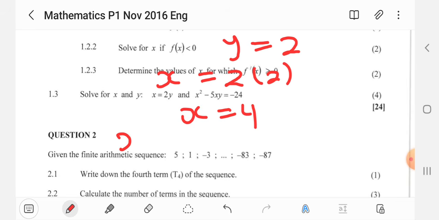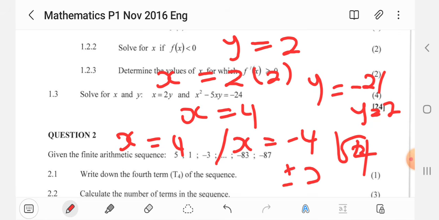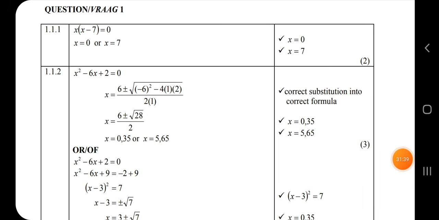So x equals 4, or x equals negative 4, just like y equals negative 2 or y equals 2, because of what? The square root of 4. So the 2 becomes negative or positive. So we have 2 x values and 2 y values.